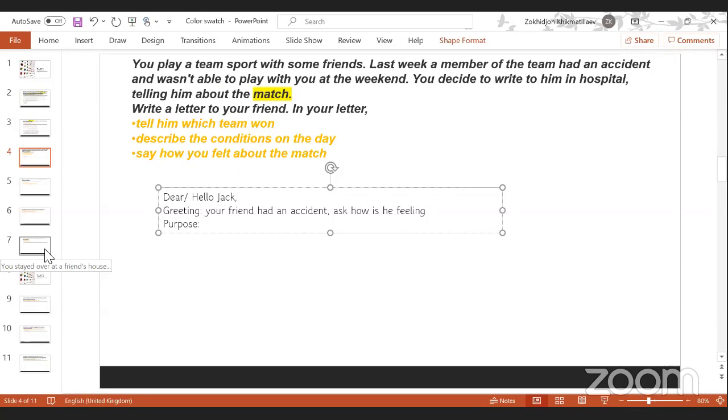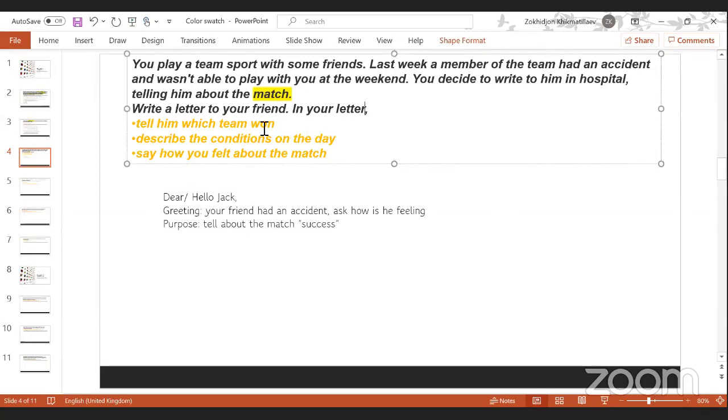Yes. Tell about the failure of the match or success of the match. Success. It depends on you. Now here it says that you won it, so about the success. Чтобы подбодрить его, можно было сказать, без тебя мы проиграли. Like you are kind of a leader.